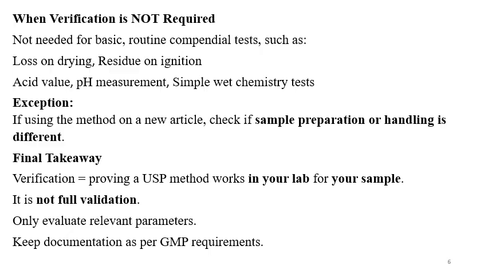So verification is proving a USP method works in your lab for your sample, and verification is not a full validation. It evaluates the relevant parameters and checks whether the method works for your product in your lab or not.